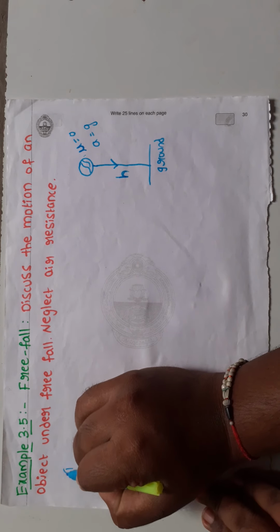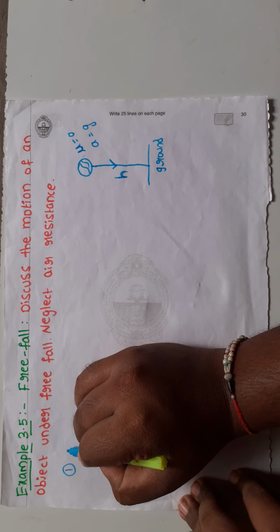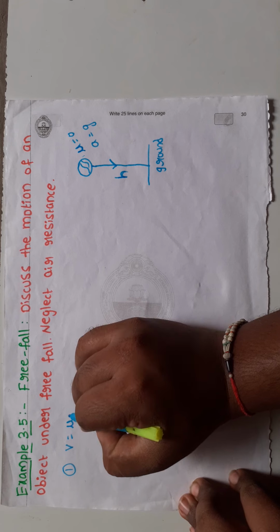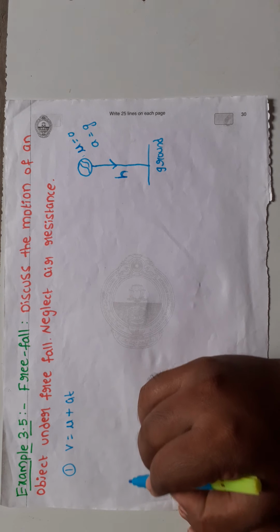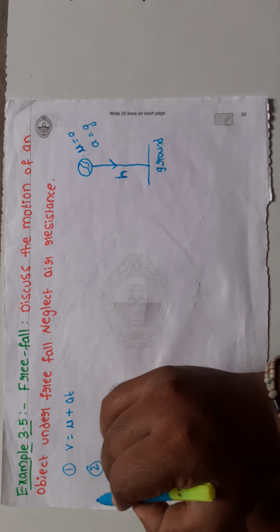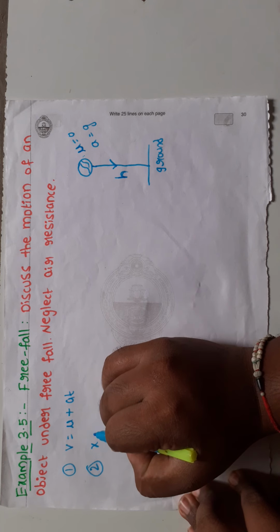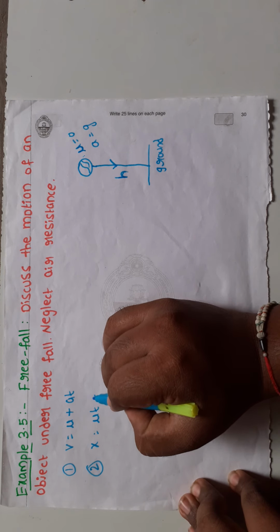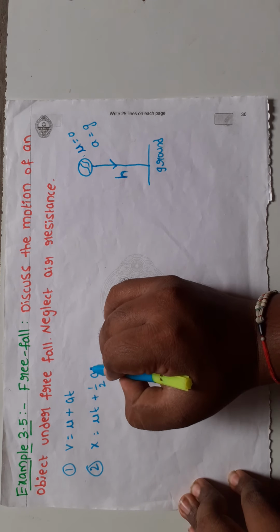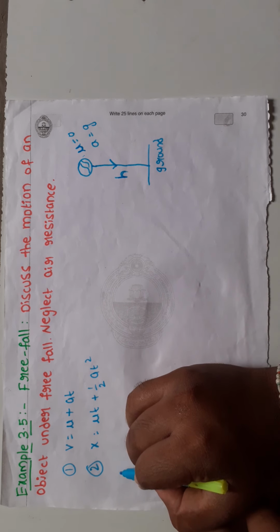We already know the equations of motion. What are the equations of motion? The first equation is v equal to u plus at. The second equation is x equal to ut plus half at square.